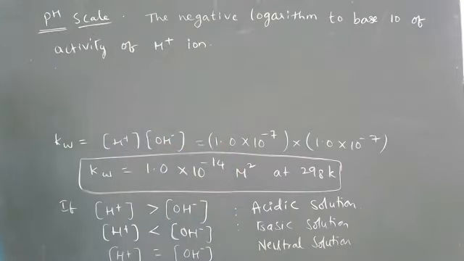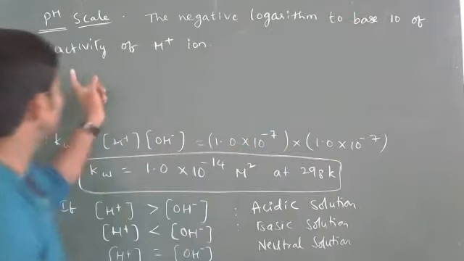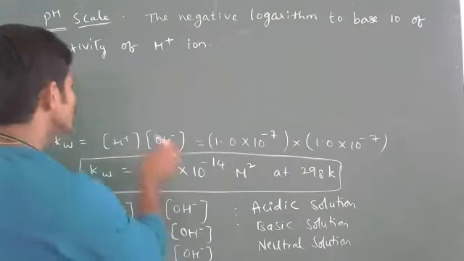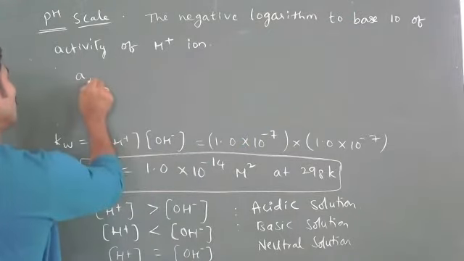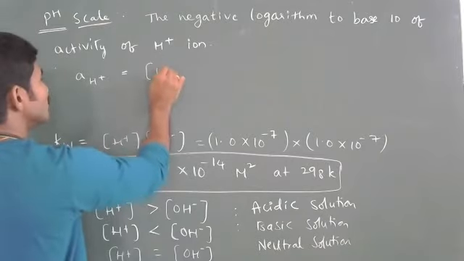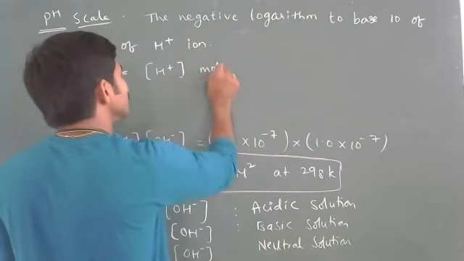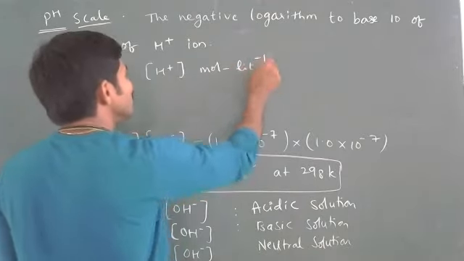So negative logarithm to base 10 of the activity of hydrogen ion. Actually, the activity of hydrogen ion will be equal to the concentration of hydrogen ion, that is in mole per liter.